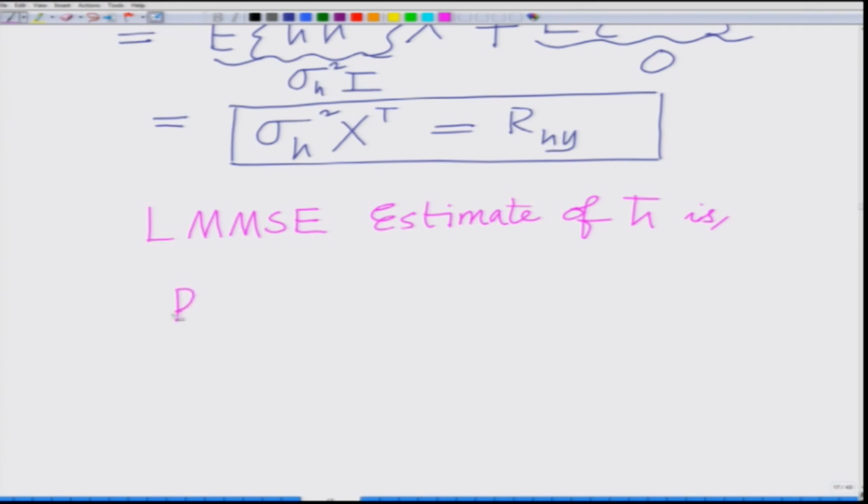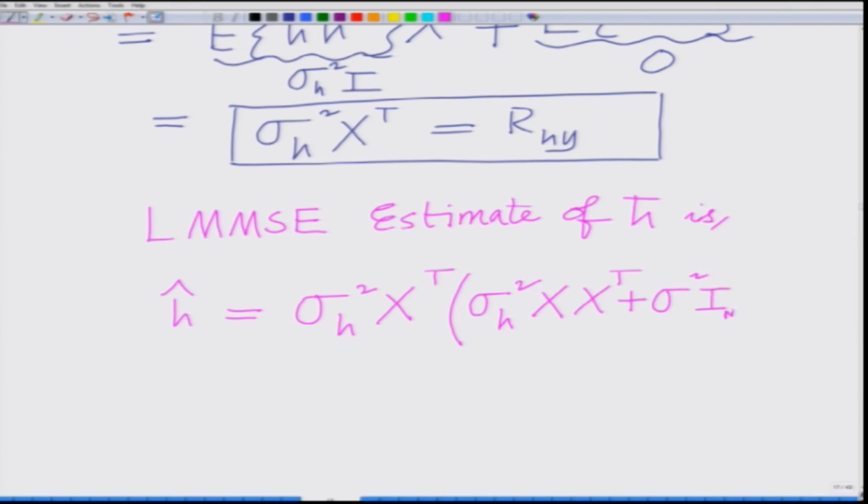H hat equals R H y, which is sigma H square times x transpose, times R y y inverse, which is sigma H square x x transpose plus sigma square times identity, this is the n cross n identity matrix, inverse, into y bar.